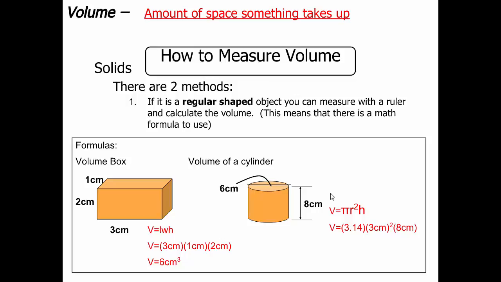So we have radius, 3 centimeters squared, times the height, 8 centimeters, times pi. Break out your calculator, you're going to need it anyway in a few minutes. Raise your hand once you have an answer.